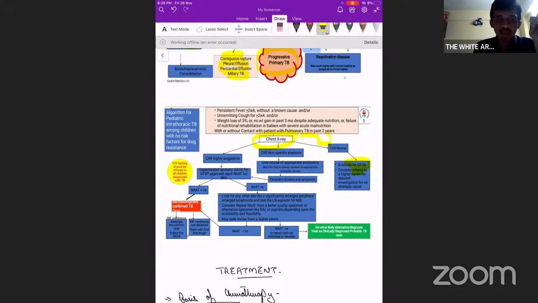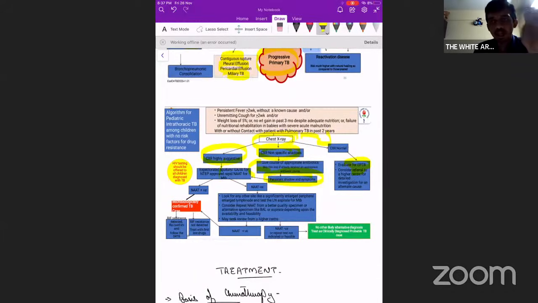The chest X-ray can be either suggestive or not suggestive. If it is not suggestive, give a course of antibiotic that does not have action against tuberculosis for 7 to 14 days. Okay, then you repeat the chest X-ray. If the repeat chest X-ray shows a persistent shadow, then make them undergo CBNAT. Or if the chest X-ray is highly suggestive, make them undergo CBNAT again.